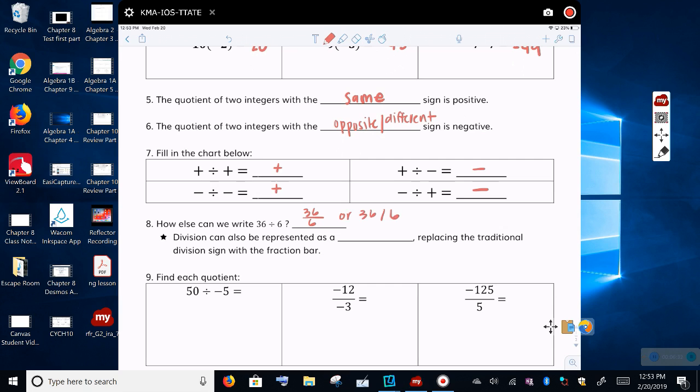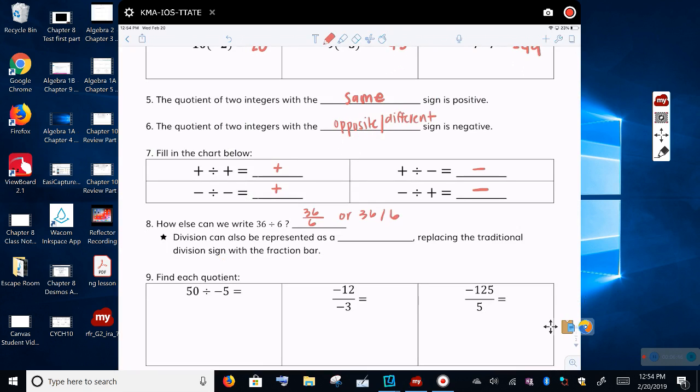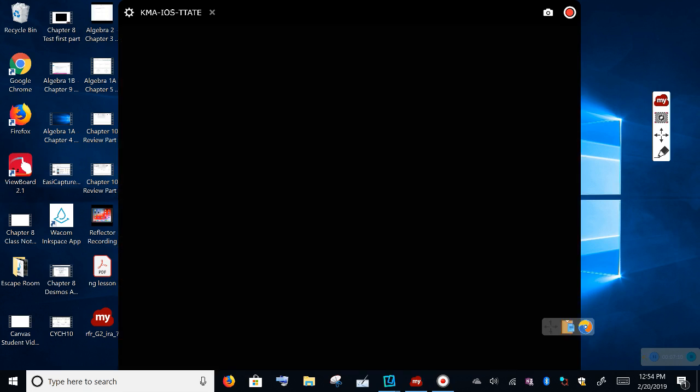Like that? Yes. That is the same thing. Division can also be represented as a fraction. In math we're beyond the division sign, that's like 3rd, 4th grade. So this can also be represented as a fraction. So here I'm saying 36 divided by 6.